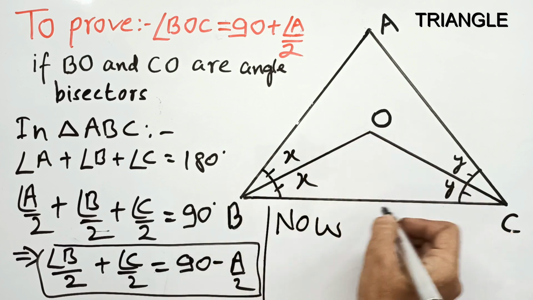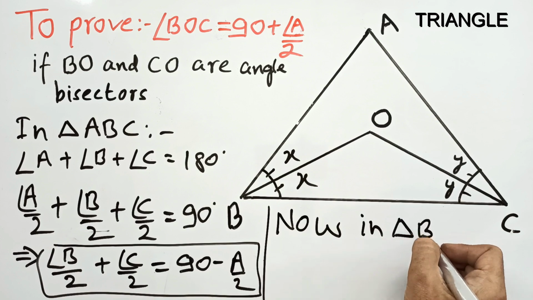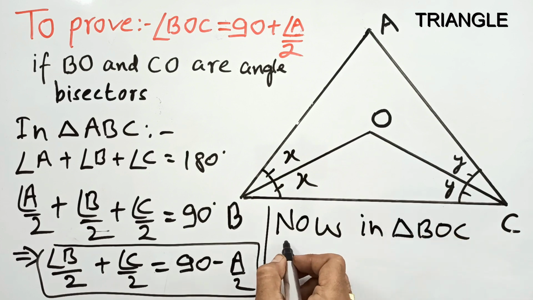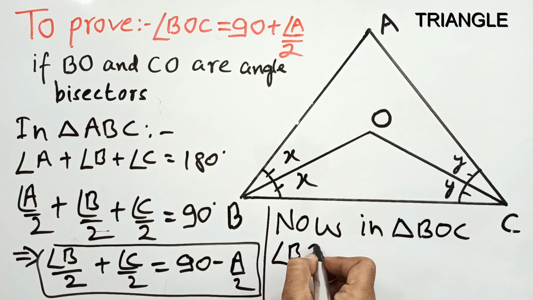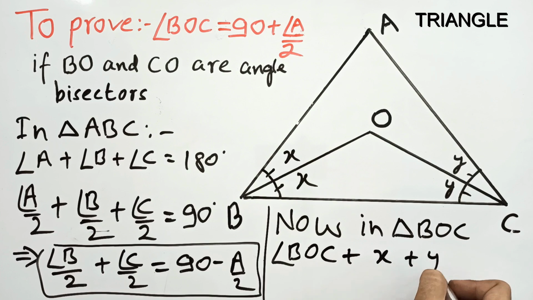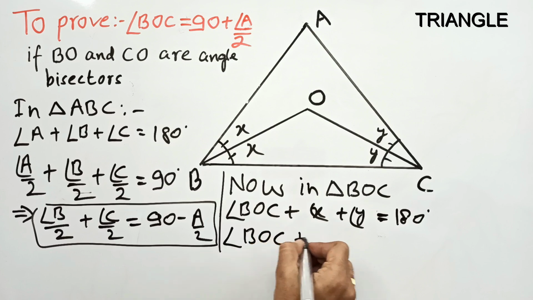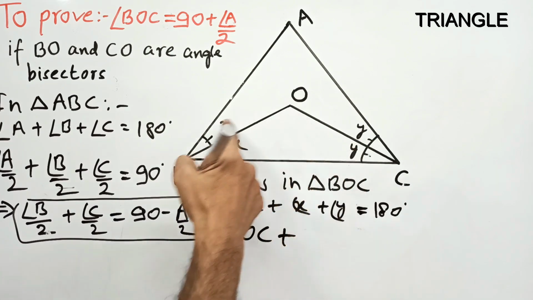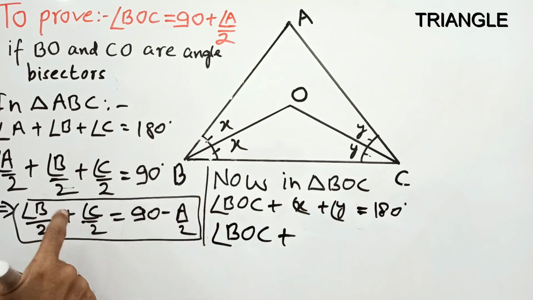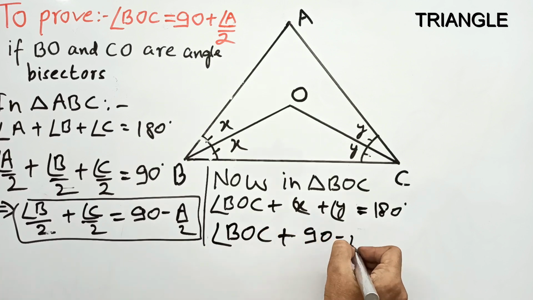Now see in triangle BOC, angle BOC plus X plus Y is equal to 180 degrees. X plus Y means half of B and half of C. That we already proved: 90 minus A by 2.